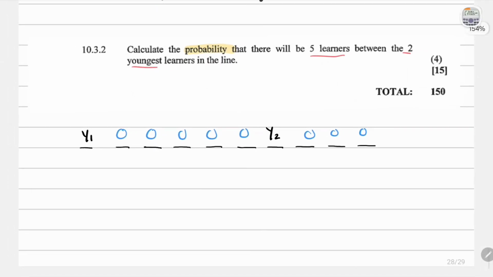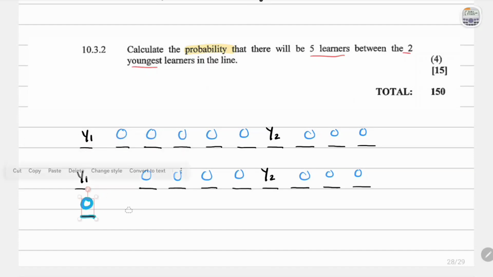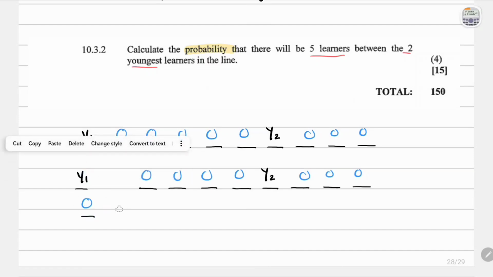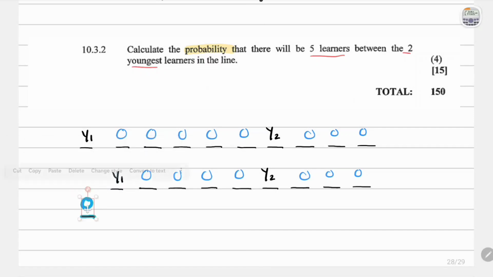Okay, so looking at these placements, we could have it looking like this. Or another way that they could be placed would be like this. So in this case, youngest learner 1 could sit here instead. So instead of this learner being here, or any learner really, doesn't have to be that particular learner, youngest learner could be there, the first one. And then the second one, there has to be 5 learners in between them. So second way that could also happen would be like this.